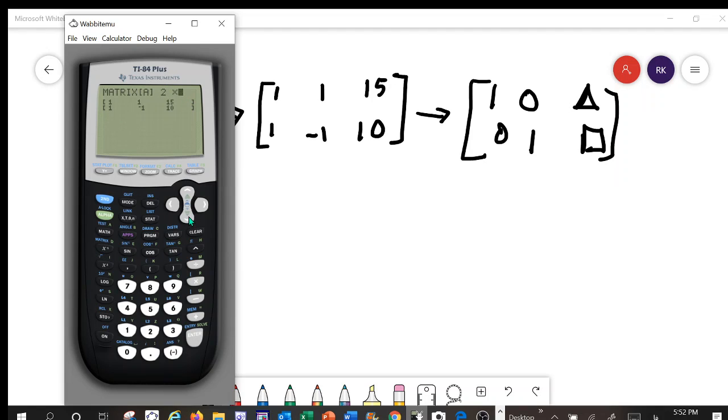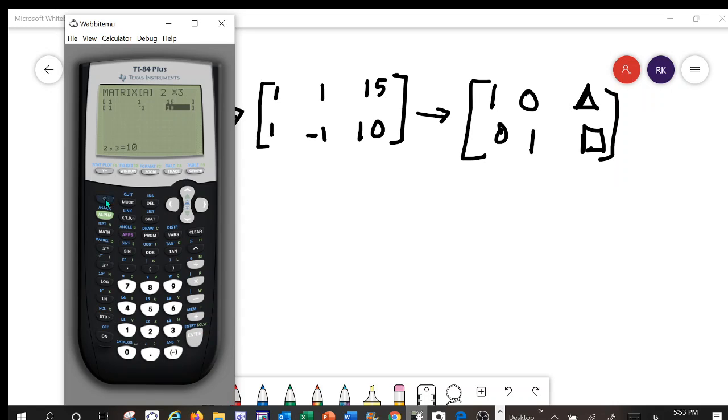And then we're going to go down to the matrix and just put these numbers in order. 1, and then press enter. 1, press enter. Then 15, and press enter. And then notice that it jumps to the second row automatically. We'll go 1, enter, then -1, enter, and then 10, enter.